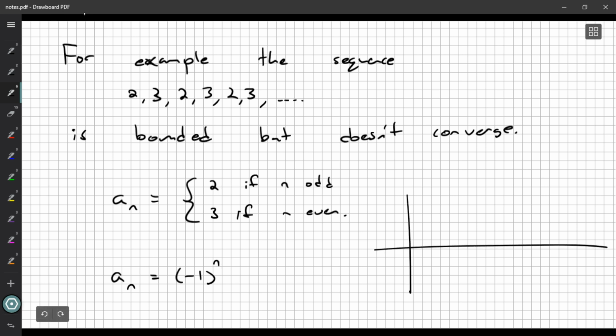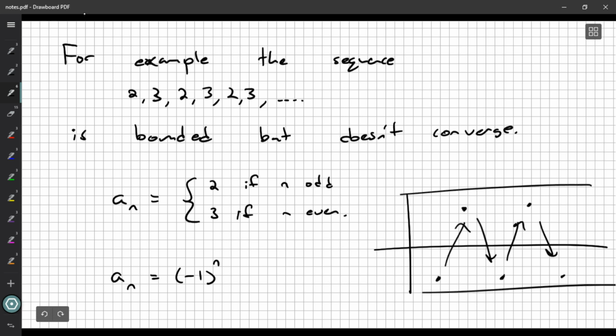Okay, what's this going to look like? First it's negative 1. Then it's 1, then it's negative 1, then it's 1, then it's negative 1. It has this same bouncing back and forth, up and down behavior, but it's clearly bounded. Okay? So that's another good example as well.